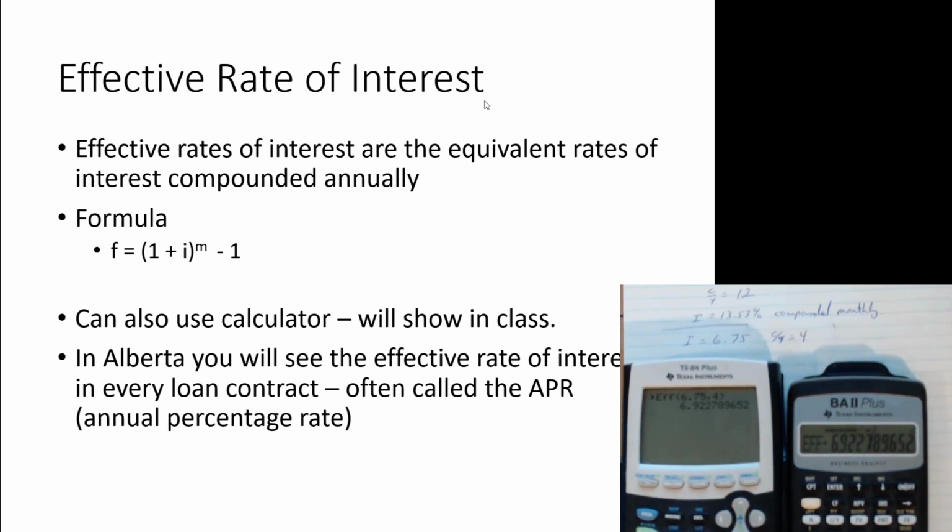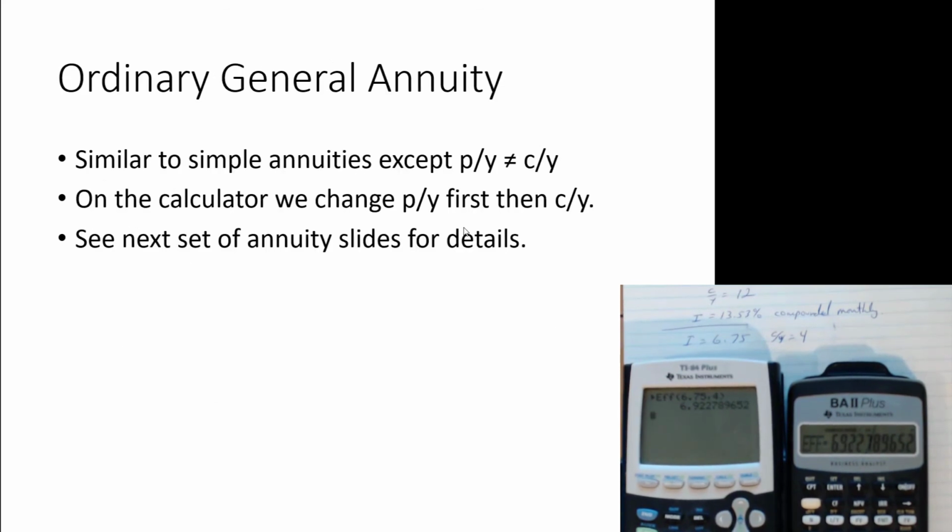Okay. So we're transitioning into ordinary general annuities, which are coming up. Same principles as we had with the simple annuities, except now the number of payments per year is different than the number of compoundings per year. In order to preserve your sanity, we'll change the P/Y first, then change the C/Y. We've noticed so far that whenever we change the P/Y, the C/Y automatically changes.